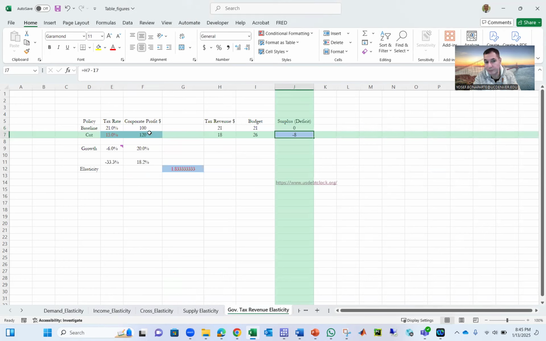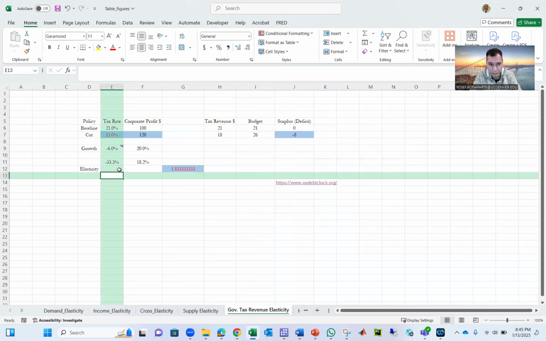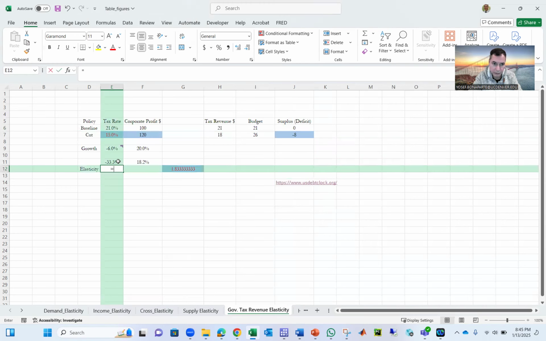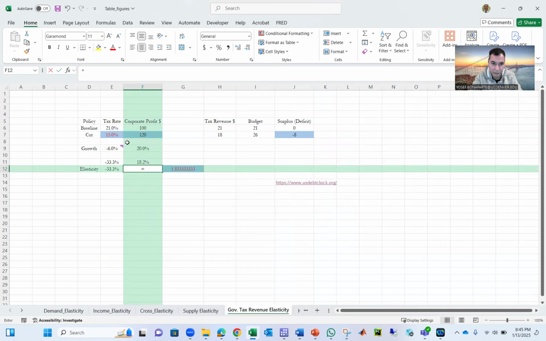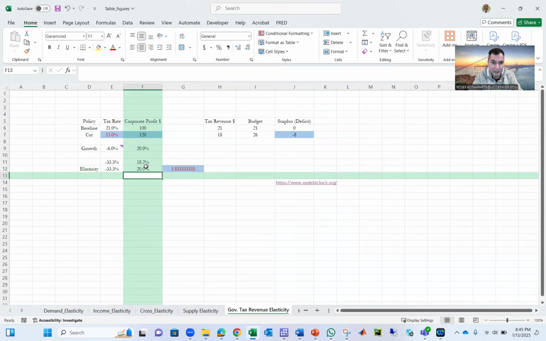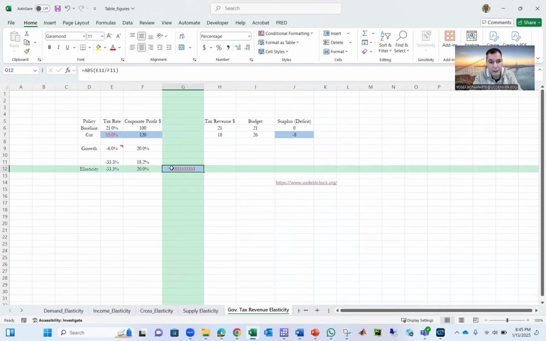Government revenue the same. If you change the corporate, how much does this change? Now I did some fancy things here, but you can also just take this one and a 20% change. I tried to be fancy here with this one, but you can just use those, and this will be government elasticity basically.